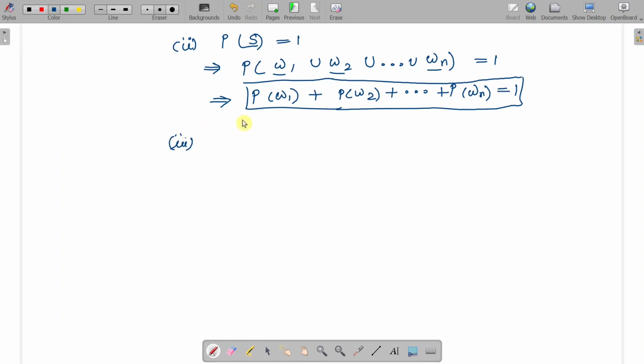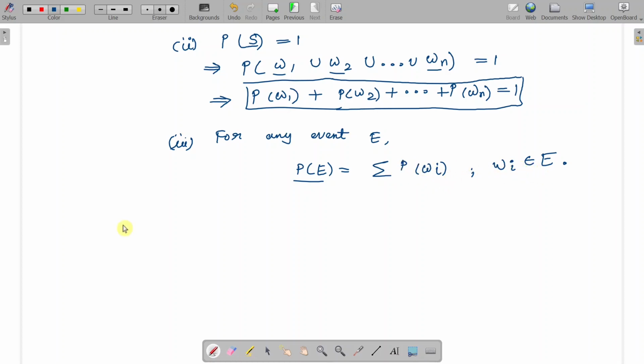Take any event E. The probability of E is nothing but the summation of probability of omega i, where all these omega i belong to the event E. So the probability of event E can be given as the summation of the probability of each outcome omega i in the event E, right?